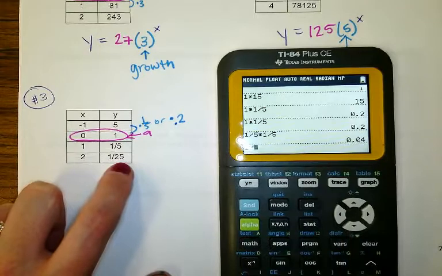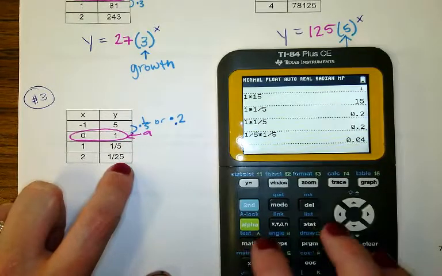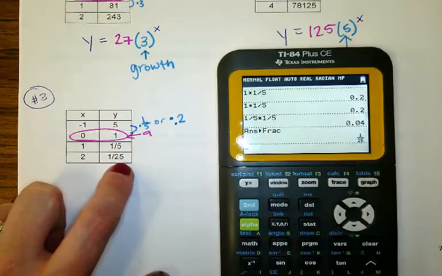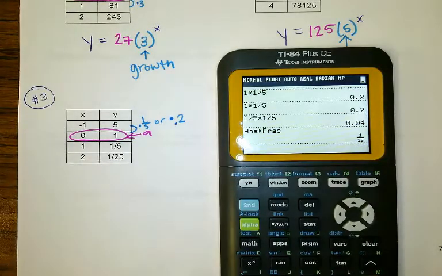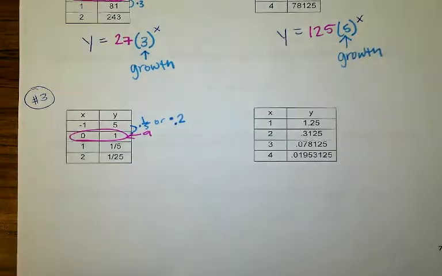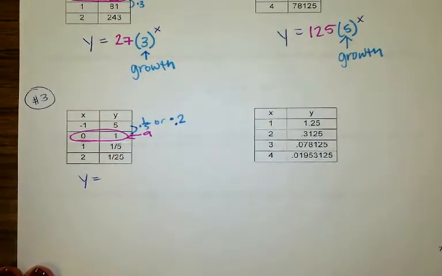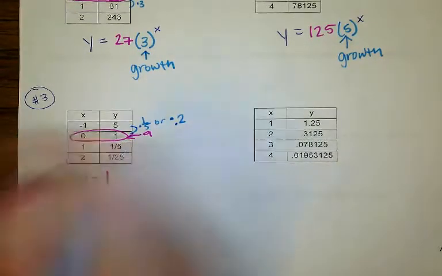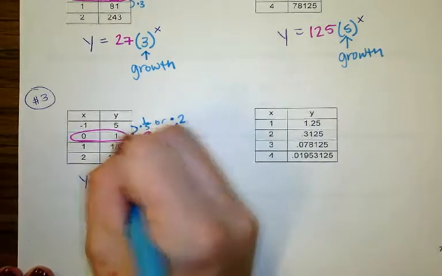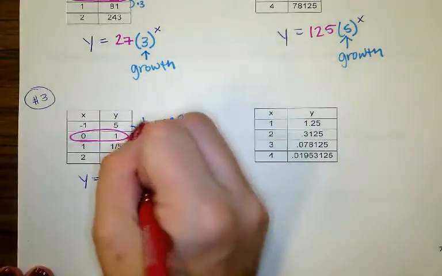And if we turn that back into a fraction here, yep, that sure is 1/25, okay? All right? So if we have our A value, that's going to be y is equal to 1 times, I would say 1/5 to the x power.